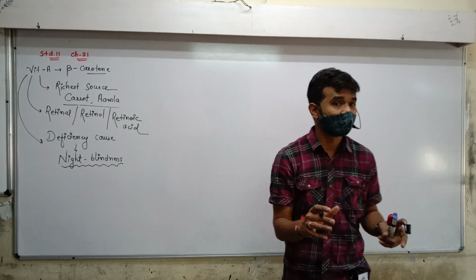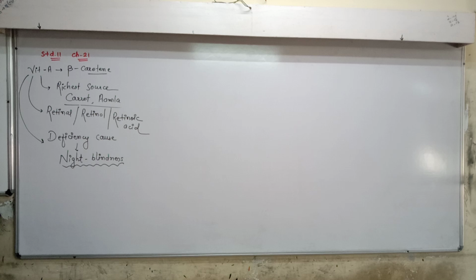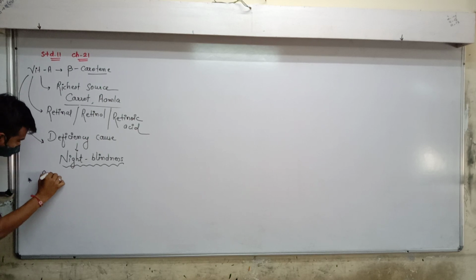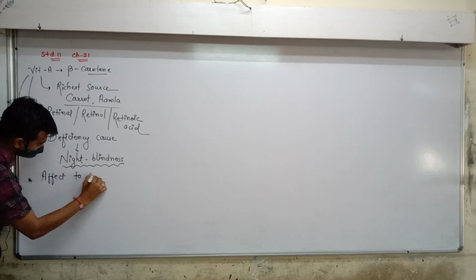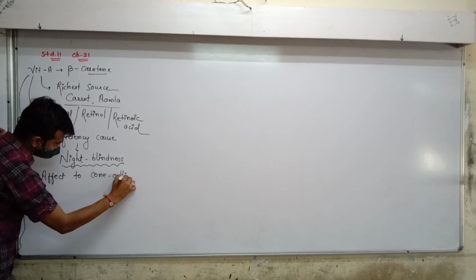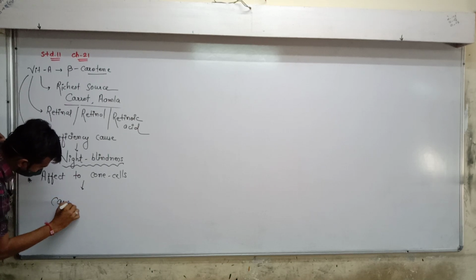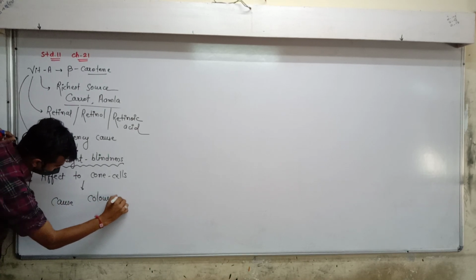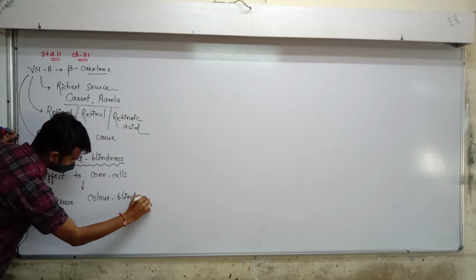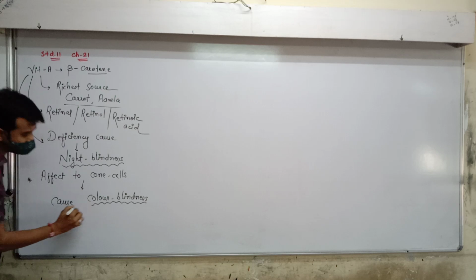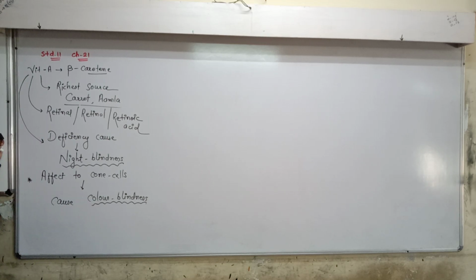If the person is unable to identify any particular color when you put the object in front of the person, this is very important.